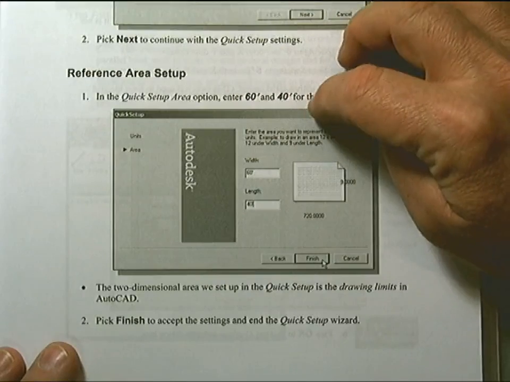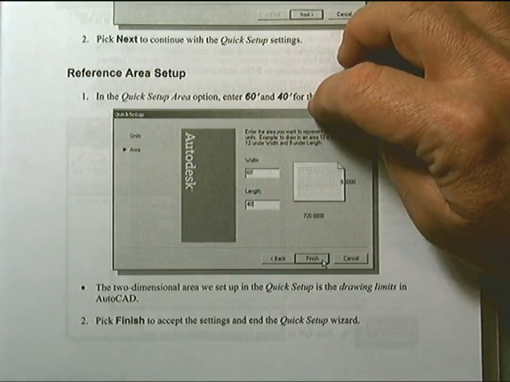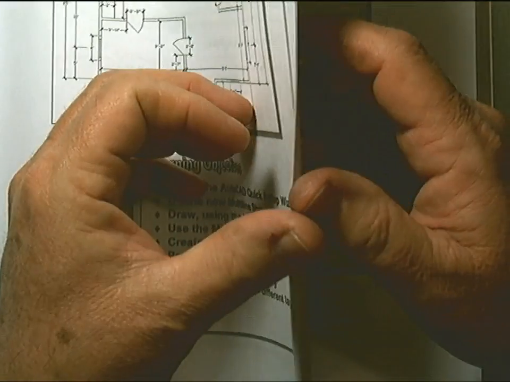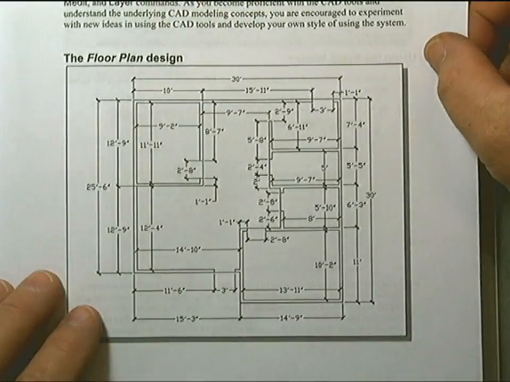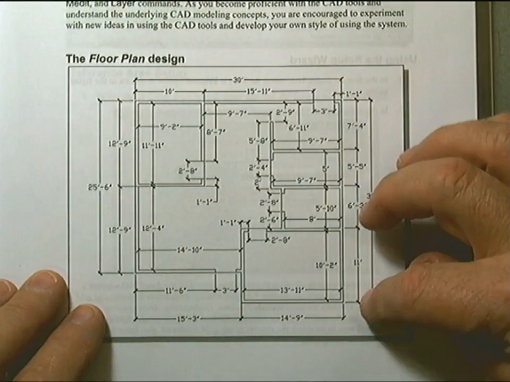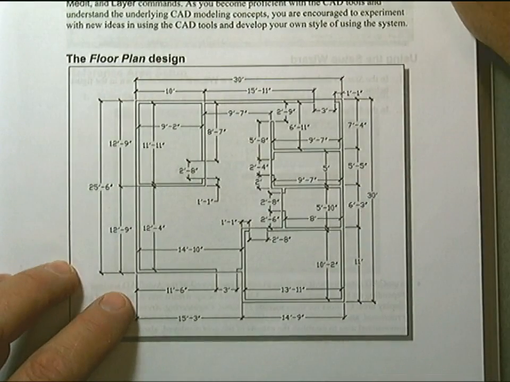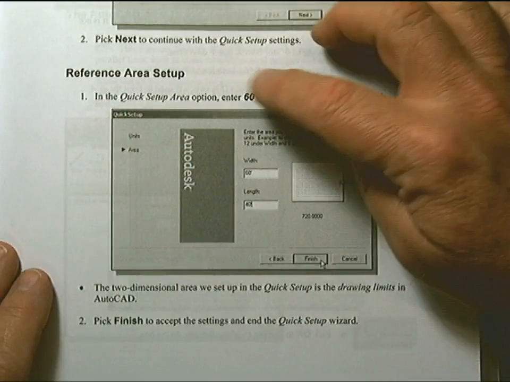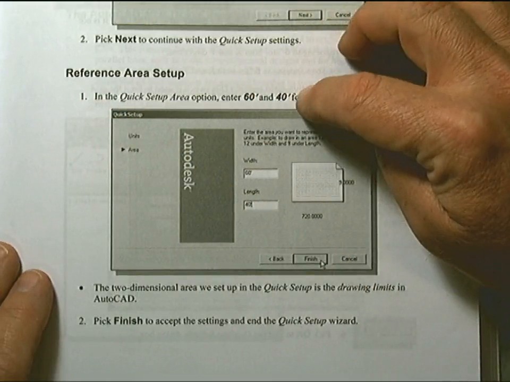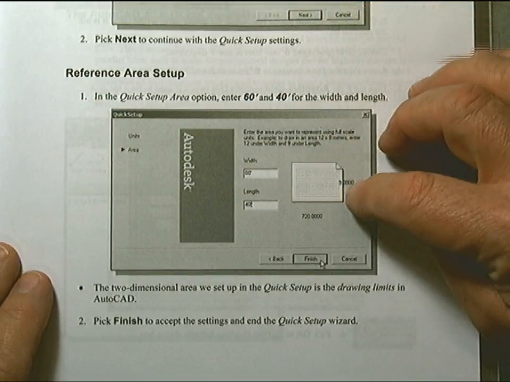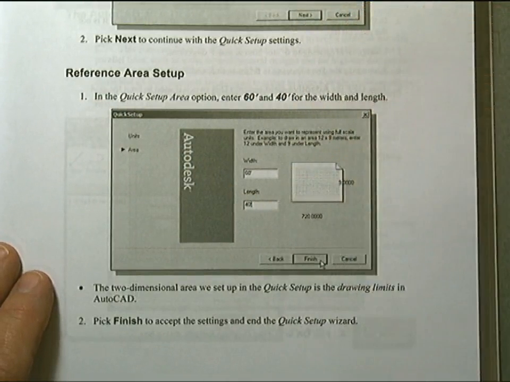So in our case, doing the floor plan, we see that it's 30 feet by 30 feet. Our drawing area is 60 feet by 40 feet. So 60 wide and 40 tall.